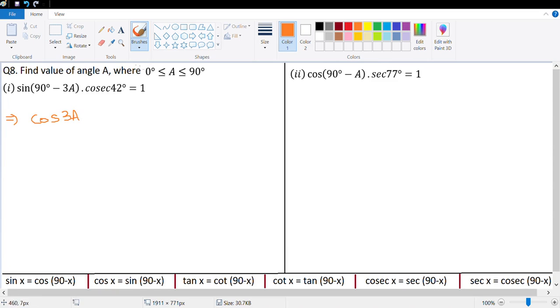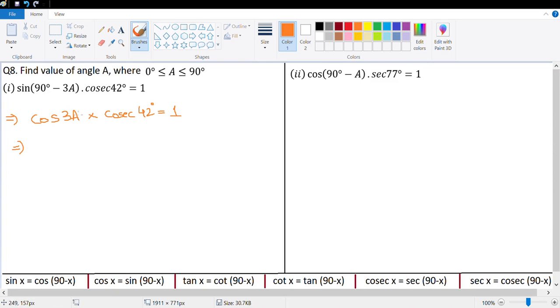multiplied with cosec 42 degree is equal to 1. Yes, this is fine, which means sine 90 minus theta is equal to cos theta. This is fine. And this is cosec 42 degree.